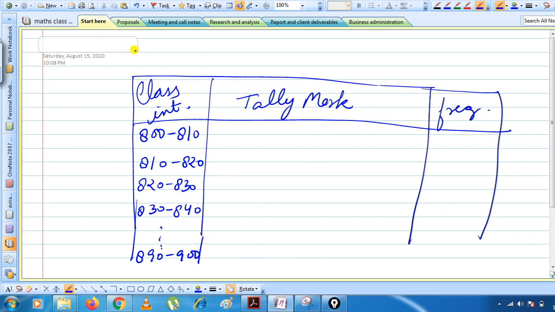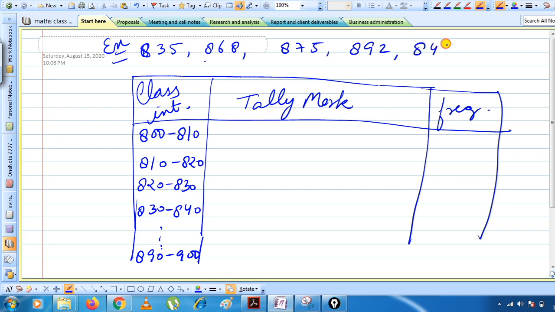Now suppose you are given some random wages, I am writing here. These are just examples: 835, 868, then 875, 892, 845, 868.